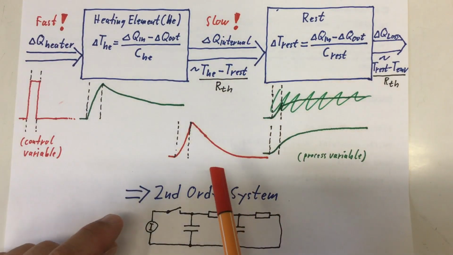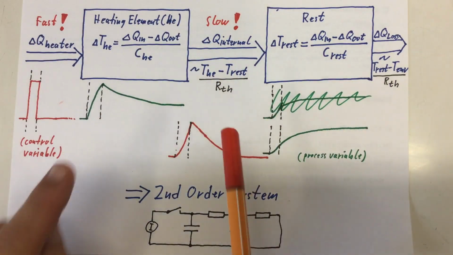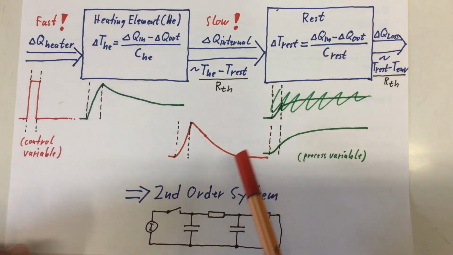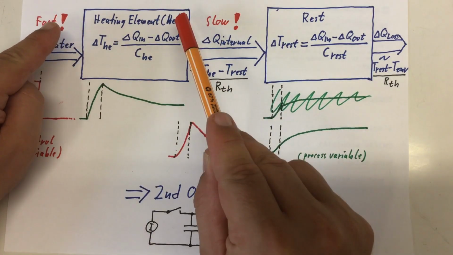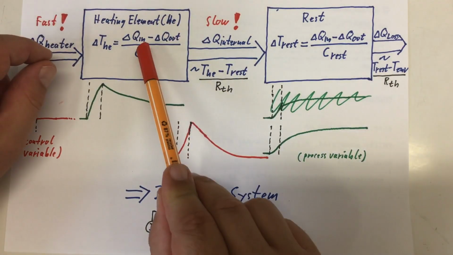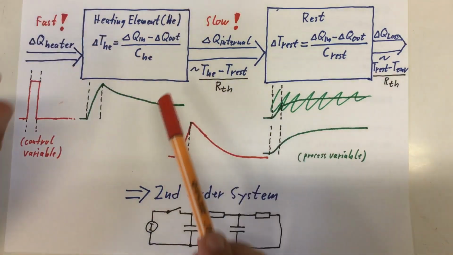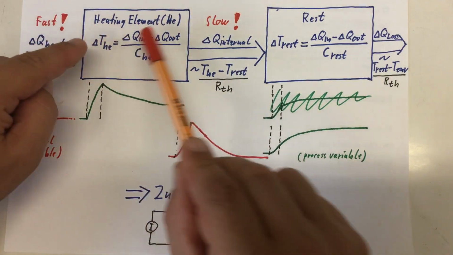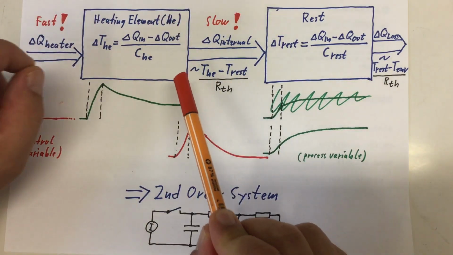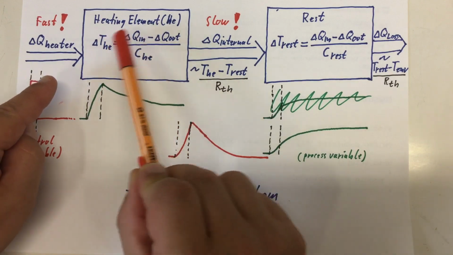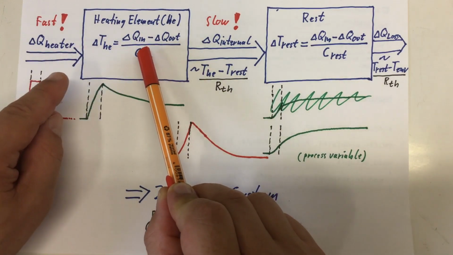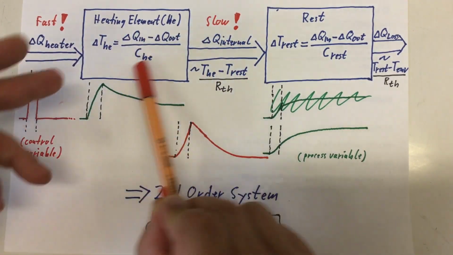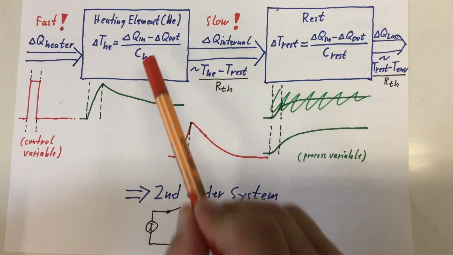Keeping that picture in mind, more math. But I did my best to keep differential equations out of the equation. We have our heating elements, and they have a thermal capacity C HE for heating element. You already know the formula: the temperature change of these heating elements is equal to the energy that goes in minus the energy that goes out, over their thermal capacity.